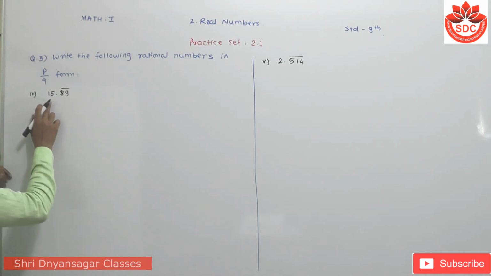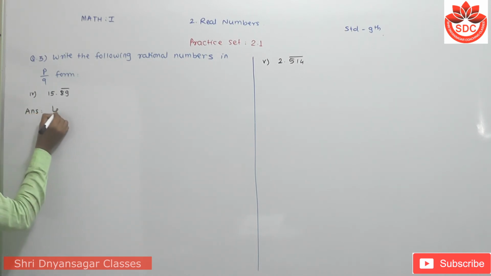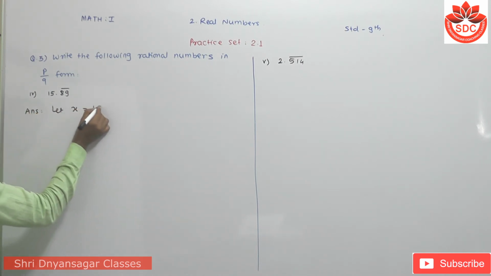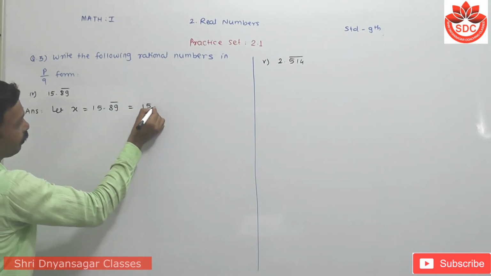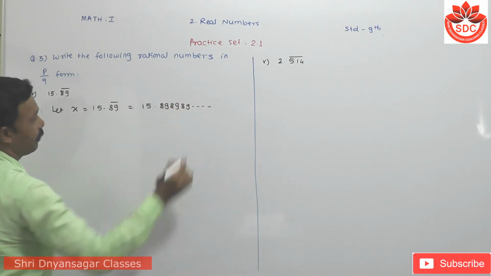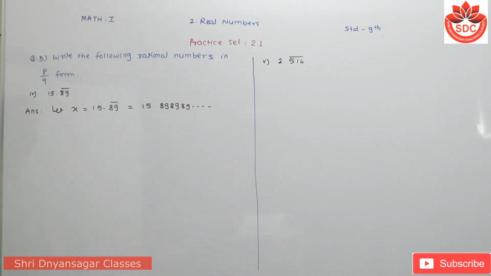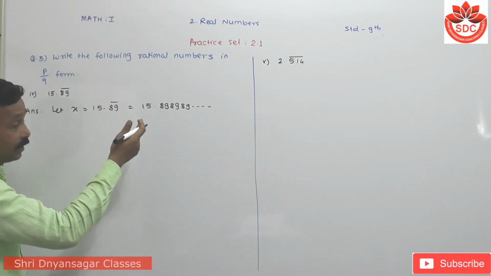So simple questions. Now the answer of this question is: let x is equal to 15.89 bar. This means 89, 89 comes many times here, recurring. So look carefully, 8 and 9 are the repeated digits here.